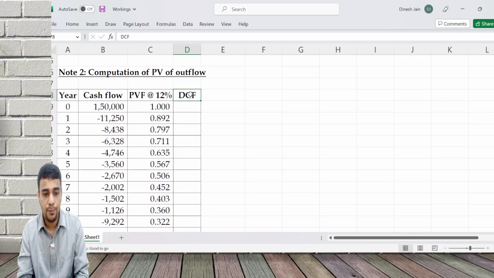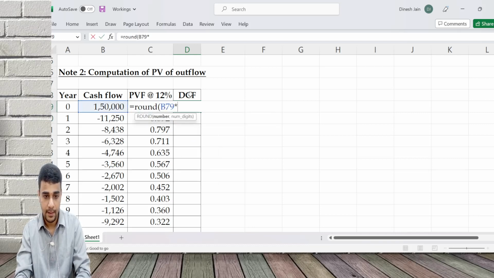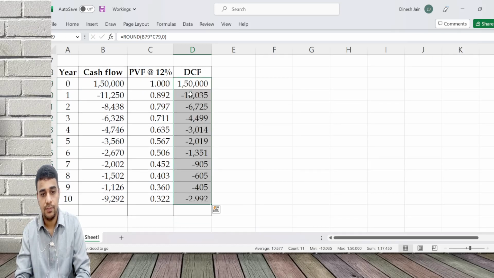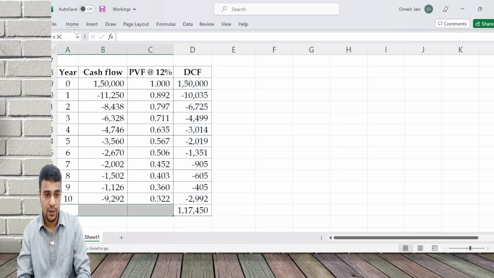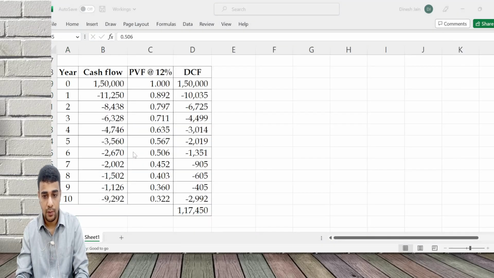In the DCF you put a total, that is called PV of outflow. Quickly close this calculation, it is more of a formality.